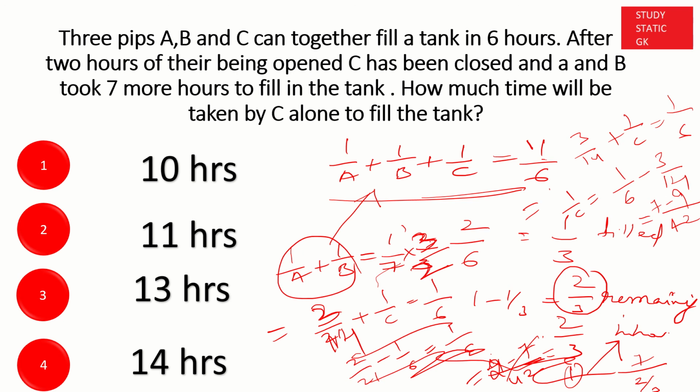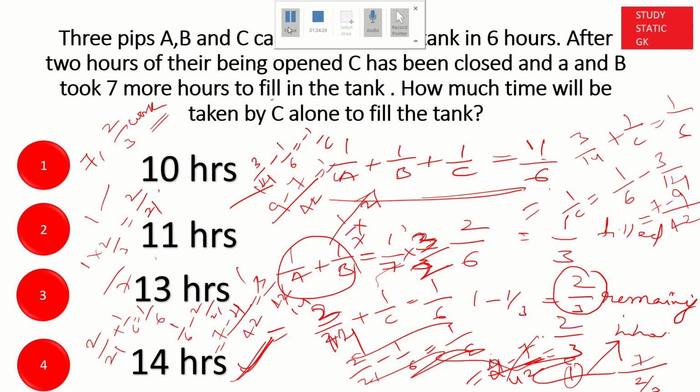Again what's happening here? 3 by 14. So once again, sorry. Okay, I'm going to explain it again here.